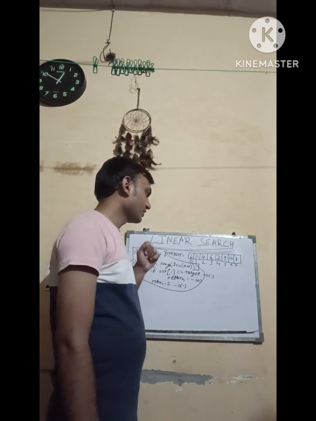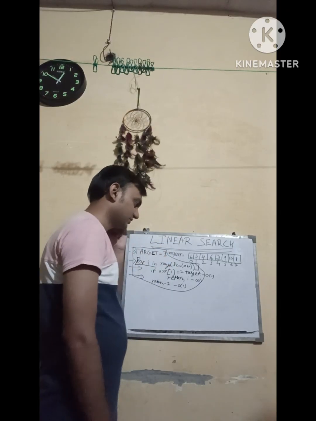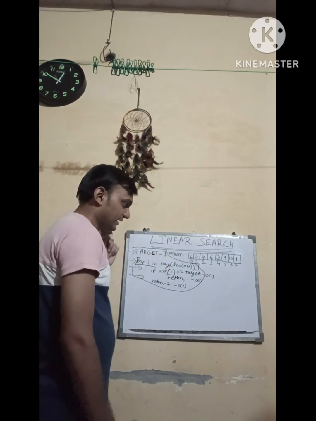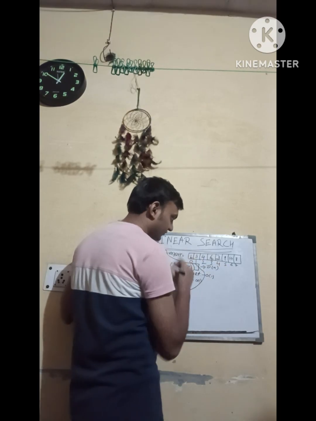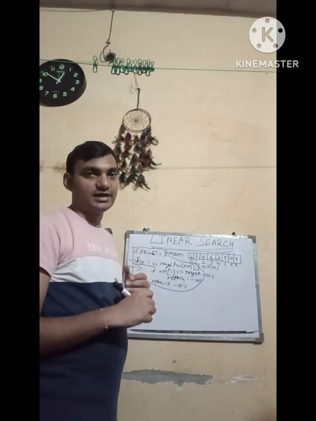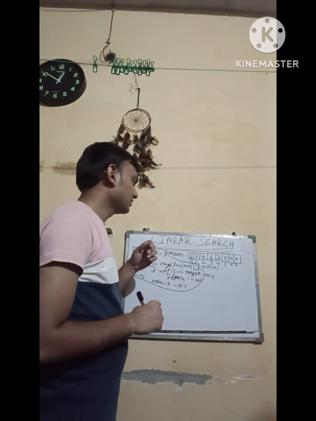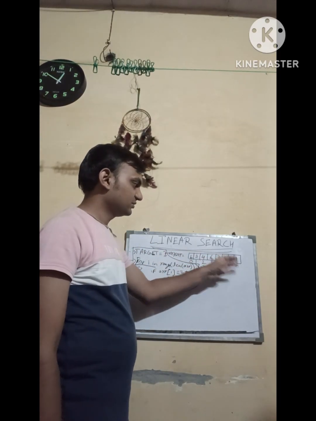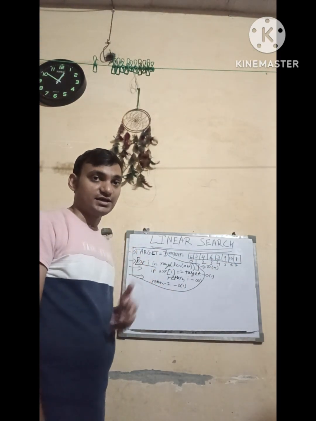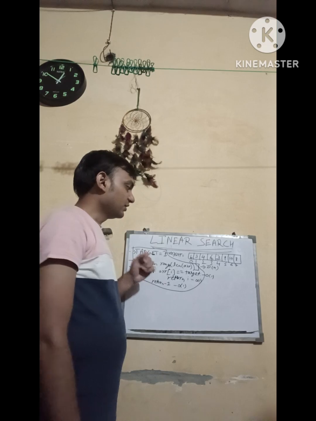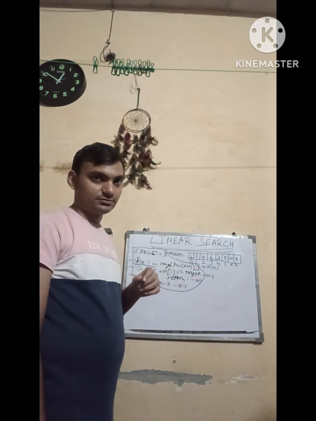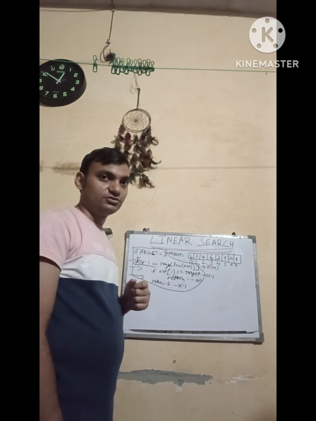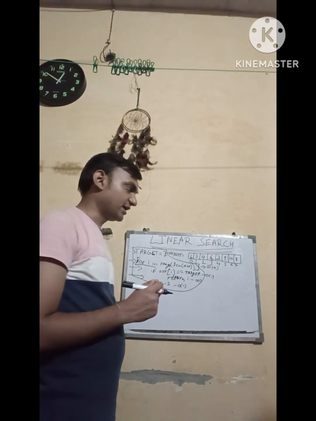So, for that, we can say it is taking order of n time, which means the number of elements that we have in our array, it will take equal time to iterate through each element of the array.